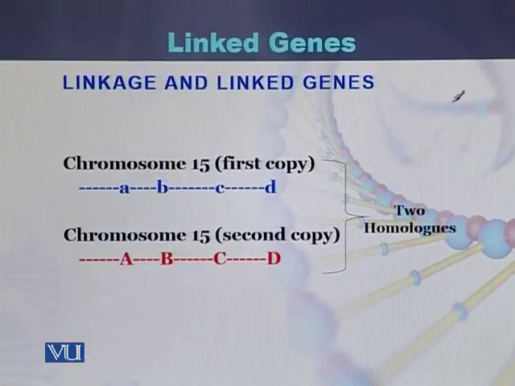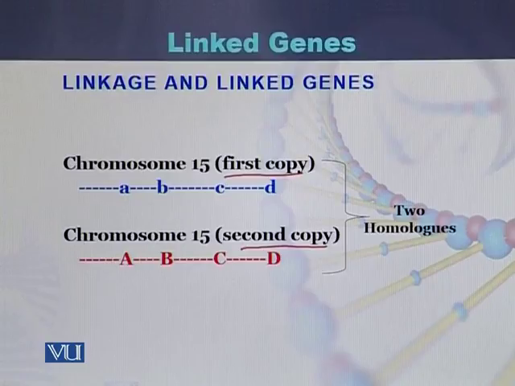We can see here how linkage and linked genes can be understood. Here is the example of chromosome 15. This is the first copy of one of the homologous chromosomes, and this is the second copy of the second homologous chromosome, because chromosomes are in homologous forms.